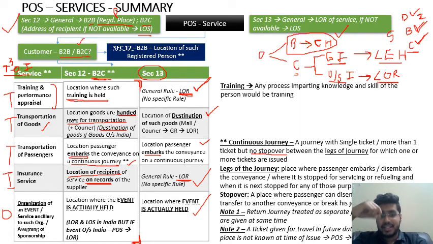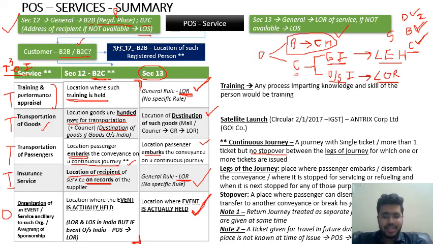Here, the customer is outside India. So then the location where the event is held, then the POS will be Switzerland and not the location of recipient. So section 13 is when either party's status changes, we need to come to section 13, and this is the corresponding provisions for these 5 services in section 13, my friends.